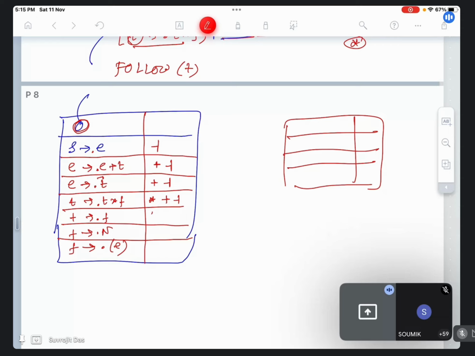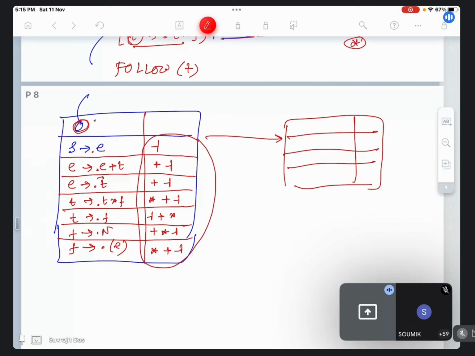I intentionally jiggled up the sequence. It doesn't matter. What matters is the contents of the list. And here also you have plus, star, and the right hand marker. So these are the lookaheads that you have collected in state number 0.